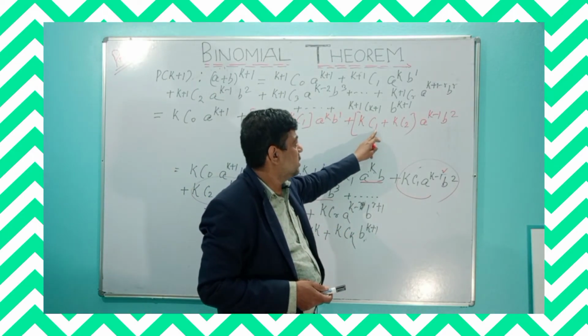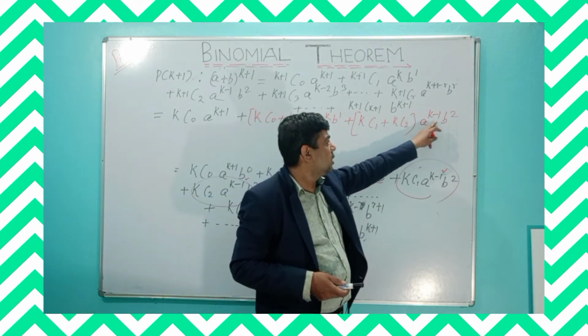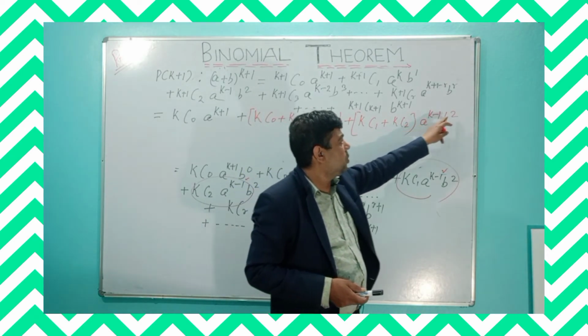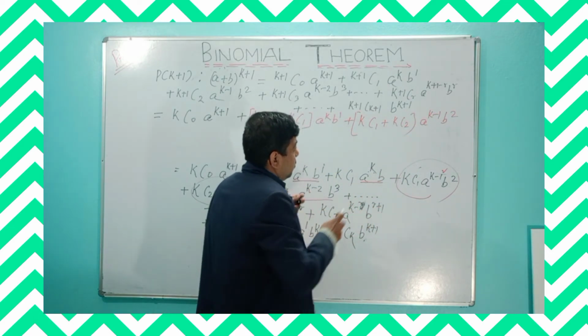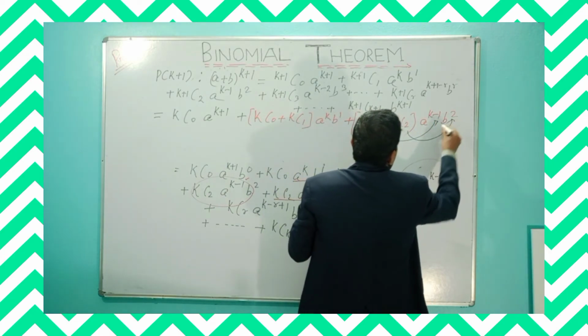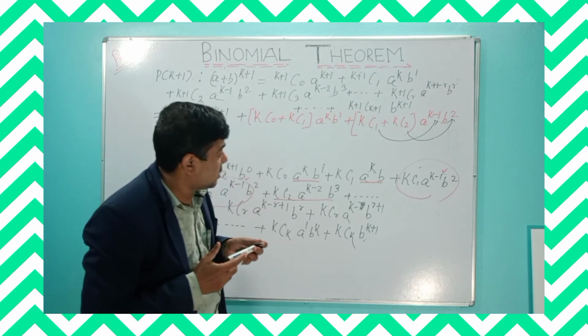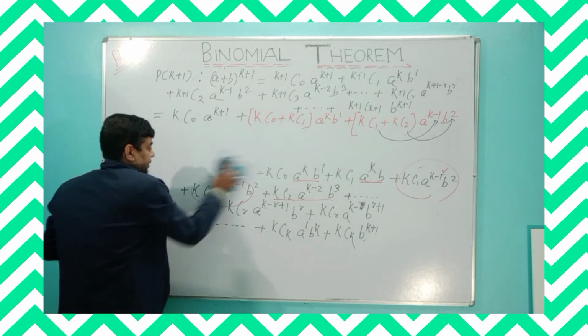When r is equal to 1, here the power is 1. When r is equal to 2, here the power is 2. It means this is one more. If you compare this one, this will be 1 and this will be 2 power. In a similar manner for the next term, I think you are able to understand. Look carefully.